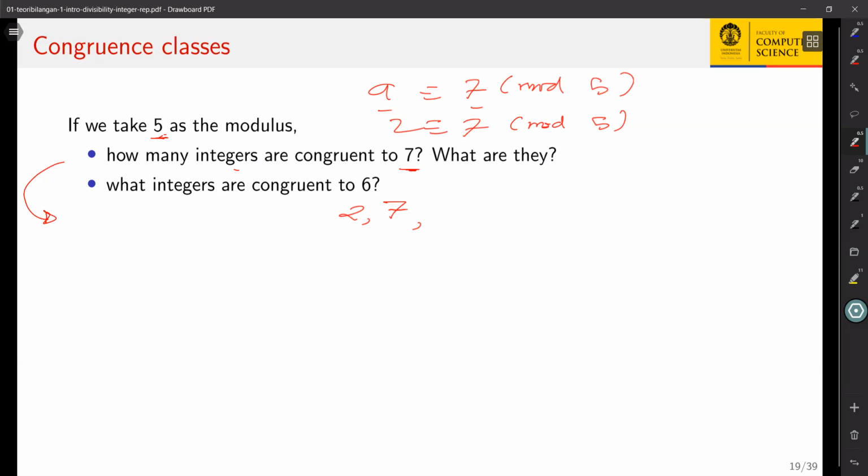Anybody? No one? This should be pretty easy. How about 12? Yes, 12 is also congruent to 7. What else?